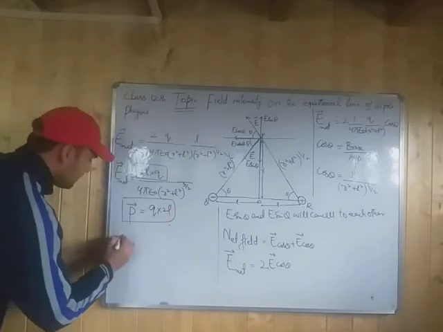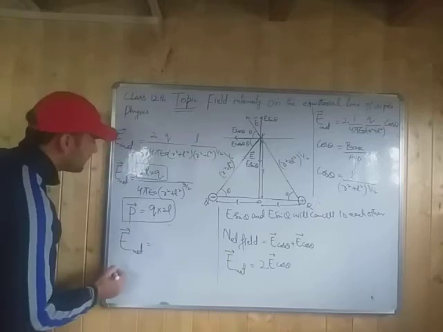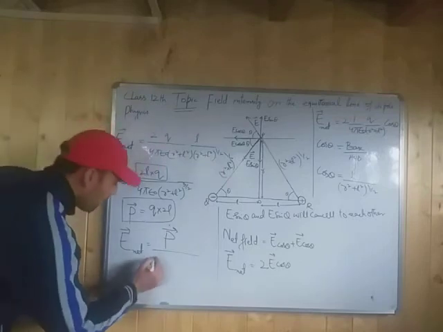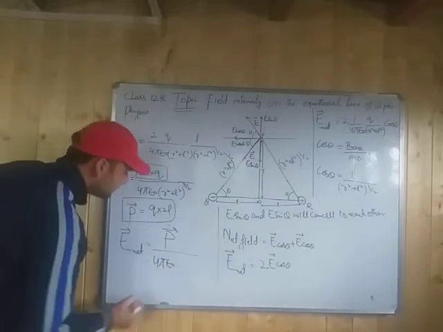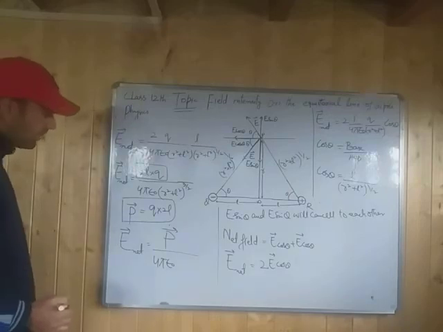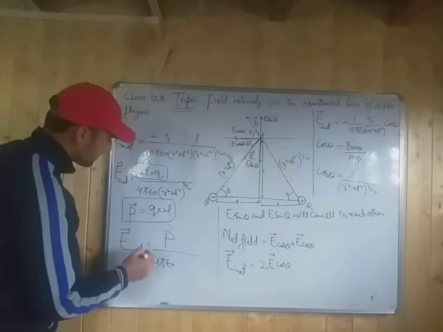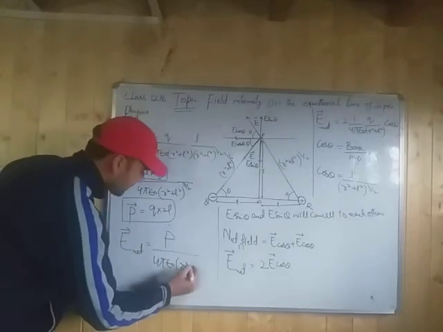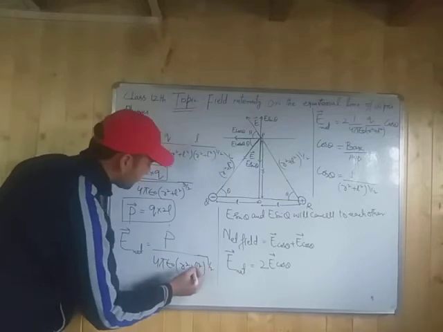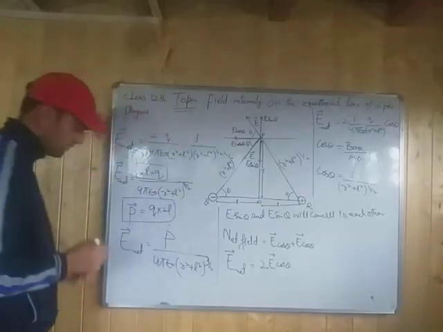We will write here E net is equal to dipole moment P divided by 4 pi epsilon naught into R square plus L square raised to power 3 divided by 2.